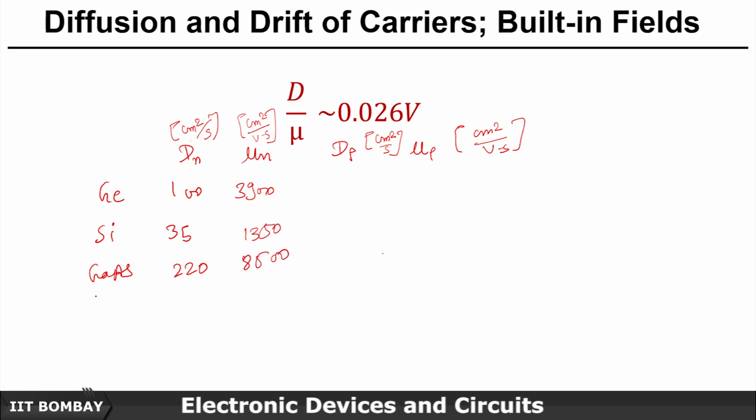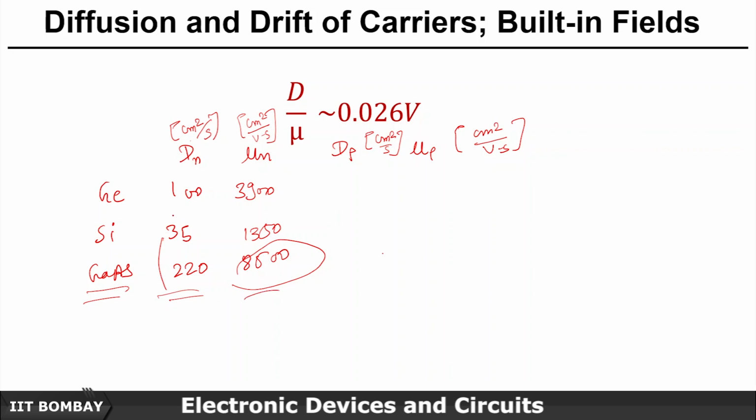So, you can see that for gallium arsenide it is not just the mobility which is higher, it is also the diffusion coefficient which is much higher than silicon. So, you can say it is more than 6 times basically. So, that makes a lot of difference. That is why gallium arsenide is used in fast electronics. So, diffusion coefficient is higher, mobility is higher.